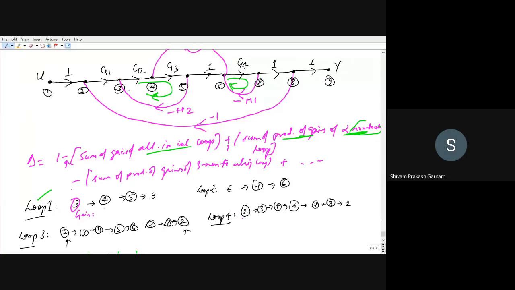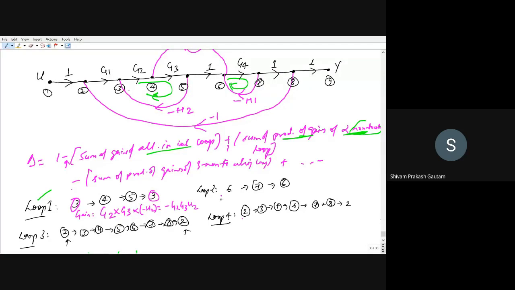Between 4 to 5, G3. G2 multiplied by G3 multiplied by, from 5 to 3, minus H2. See what is our overall gain? Minus of G2, G3, H2. So this is our gain.